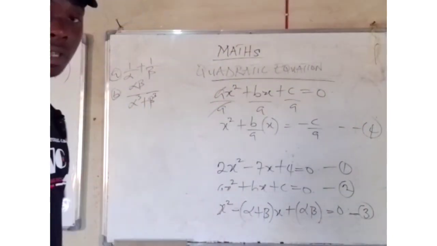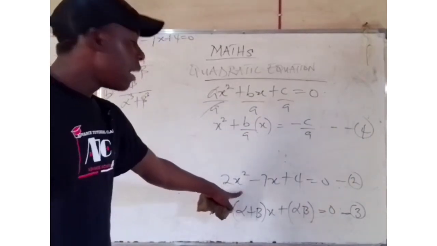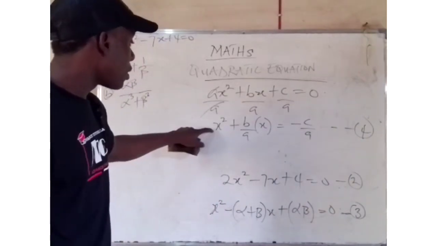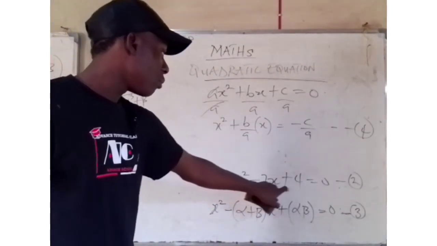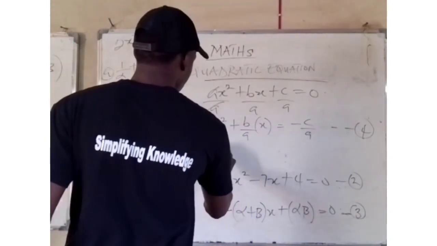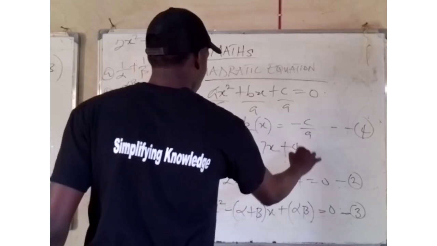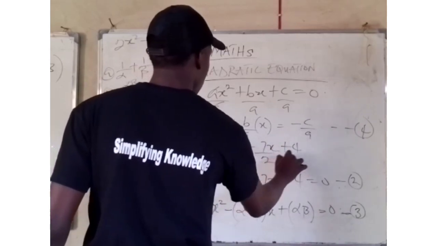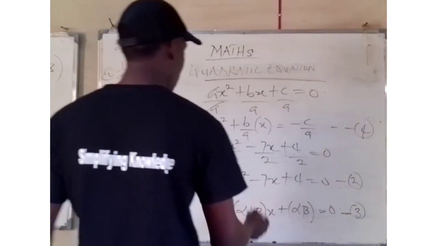Okay? Equation 4. Now I have to make my equation 2 look like equation 4. And how do I do that? Divide through by 2, the coefficient of x squared. So this is going to be 2x squared minus 7x plus 4, all divided by 2, remember it equals 0. So 2 cancels 2, isn't it?